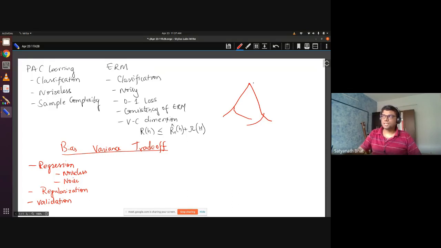So the destination is the same, but each of the two paths, the empirical risk minimization path and the bias variance trade-off, will give you a different insight than the other path. That's why we are looking at two different paths, but essentially the underlying learning continues to be the same. The takeaways of each of these approaches continue to be the same.